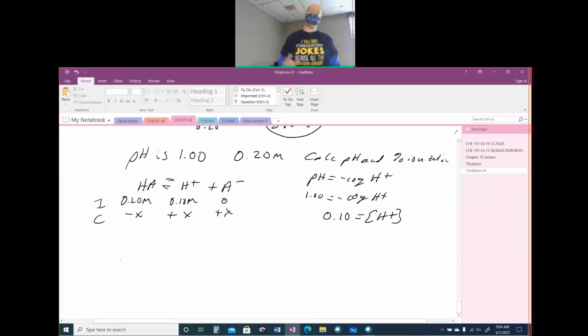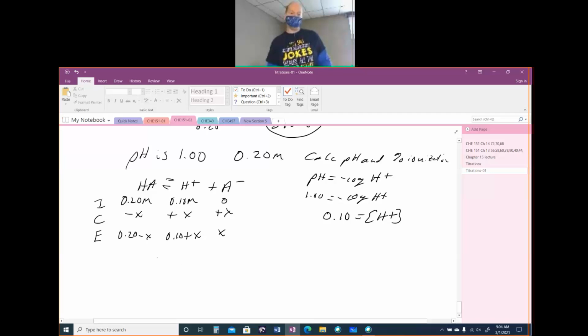In this case, we do not have to check the Ca over the Ka because you have an initial concentration of both a reactant and a product. And so you can always eliminate the plus or minus x, and you do not have to check it. If you forget that, it's just going to take you a lot longer, but it will not change anything. All right, so 0.20 minus x, 0.10 plus x, and x.